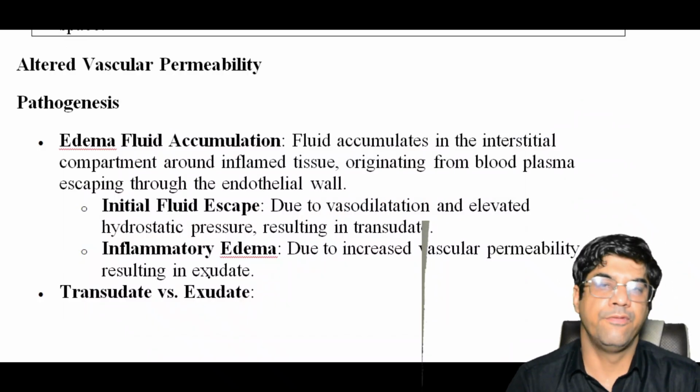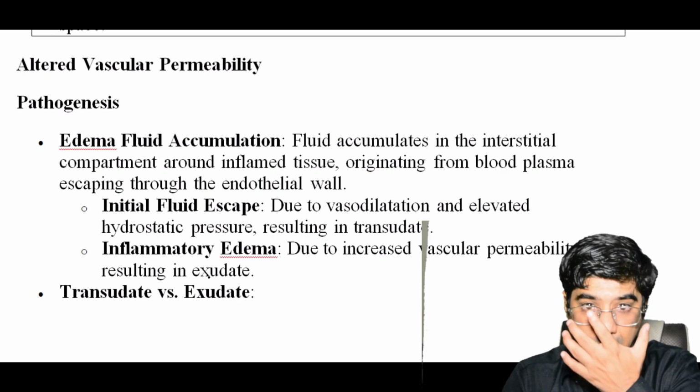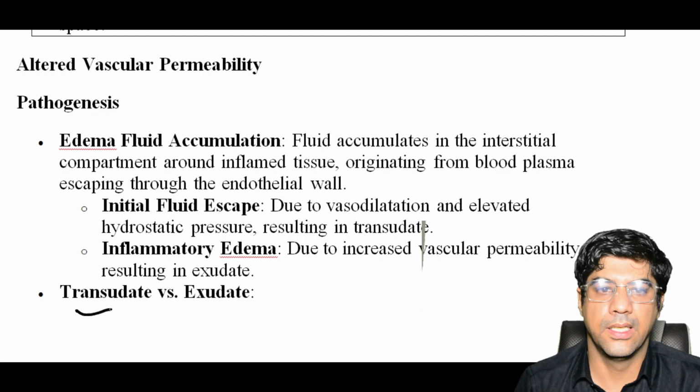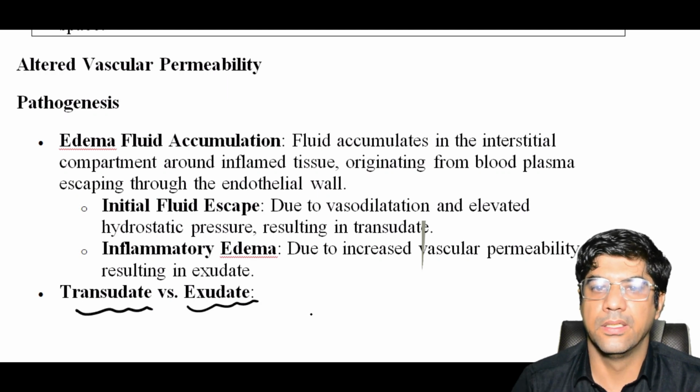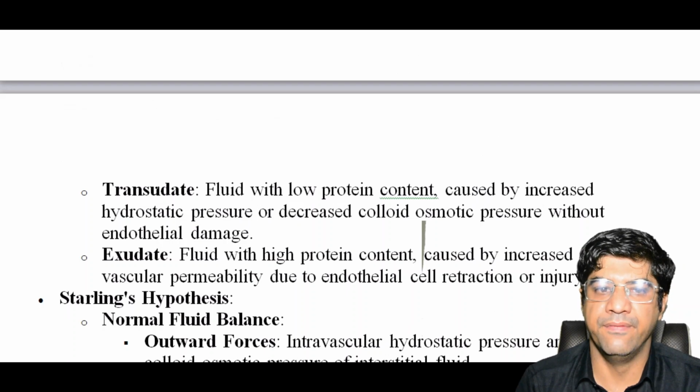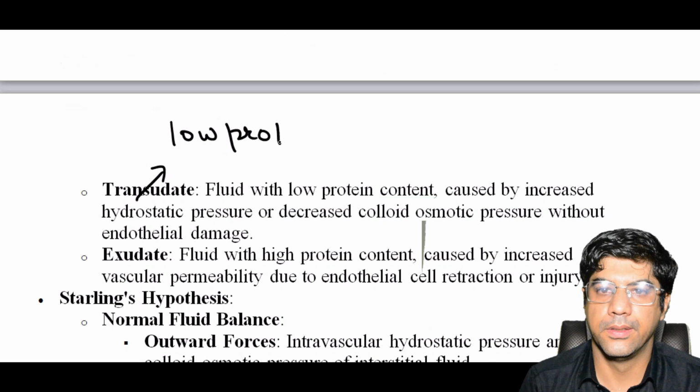Now let us talk about the edema. There are two main types of fluid that can occur: one is the transudate and the other is the exudate. Remember, the transudate is a fluid with low protein content.